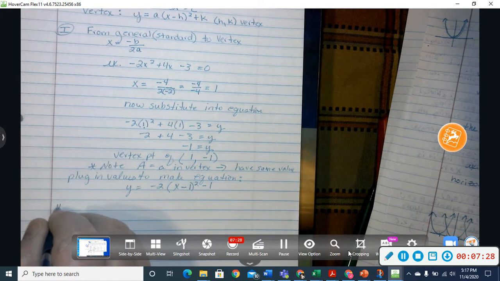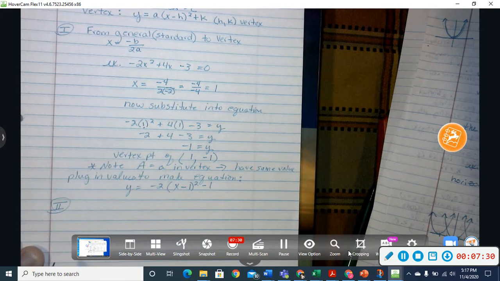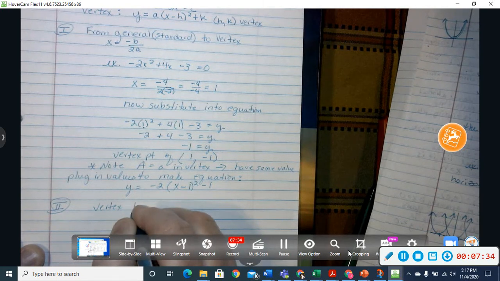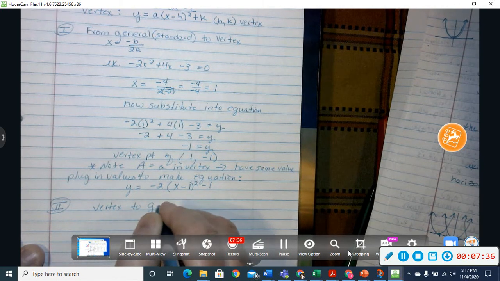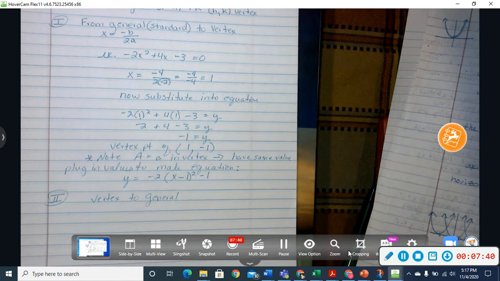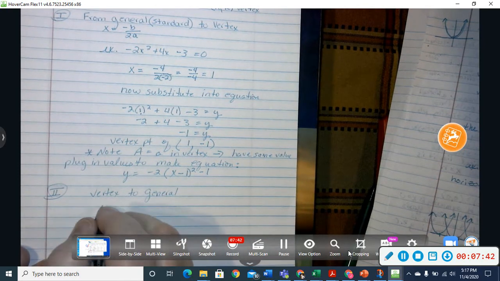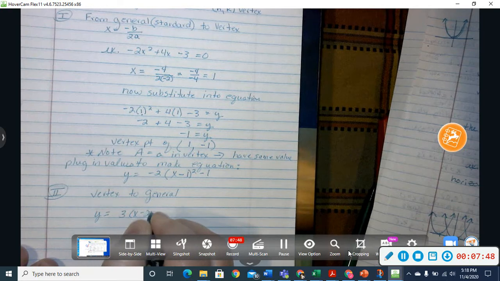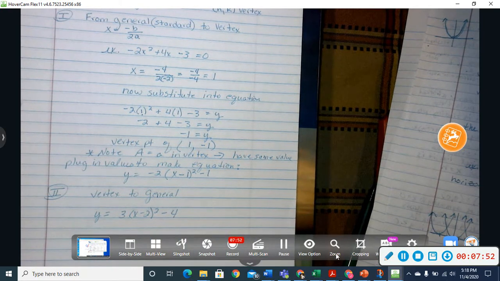All right, our second example is to go from vertex to general form, and that's usually not too difficult. An example would be 3 times x minus 2 squared minus 4.